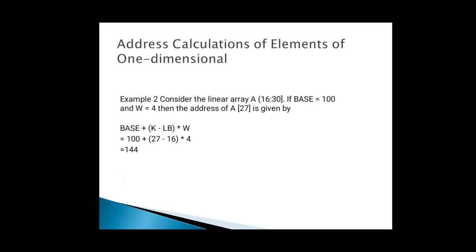In this example, consider the linear array A, that is 16 colon 30. If base is given 100 and W is equal to 4, then the address of the 27th element can be obtained by 100 plus, base is equal to 100, so we put the value 100 here, plus we have to calculate the 27th element address.